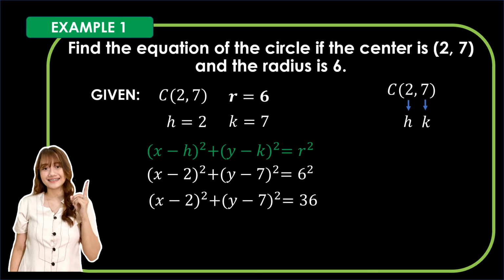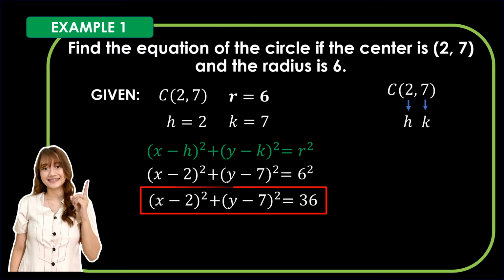Simplifying, we have the quantity x minus 2 squared plus the quantity y minus 7 squared equals 36, because 6 squared is equal to 6 times 6, and we got 36.